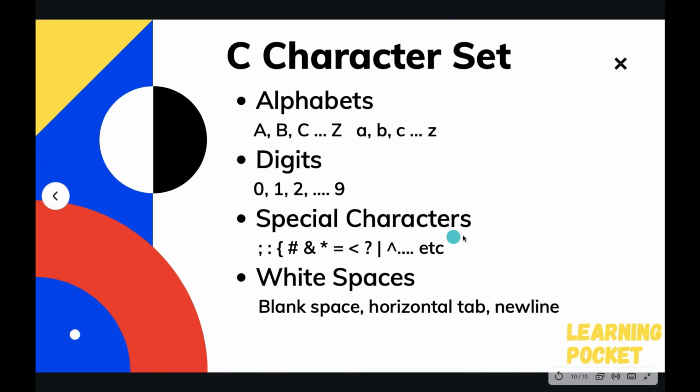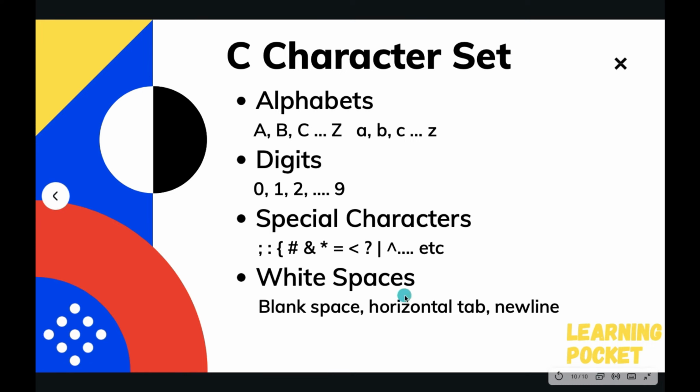And then we have some special characters: colon, semicolon, braces, hash, ampersand, asterisk, equal to, less than, question mark, and the caret symbol also, and there are many more such as dollar. These are the special characters, the characters available on your keyboard apart from the alphabets and the digits.